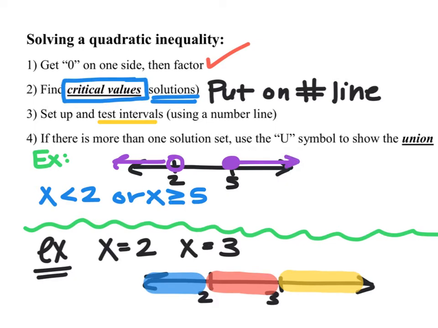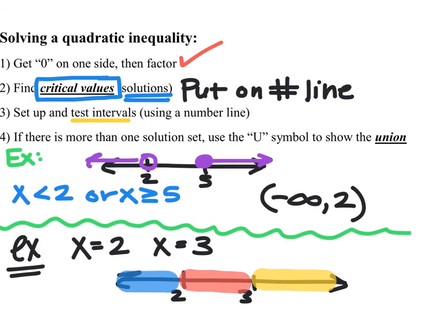How do I write this in interval notation? Well, take a look at this portion right here. From the left, this is going from negative infinity all the way up until 2, and 2 gets a parenthesis. Well, that's good, but then there's a second part to the graph.